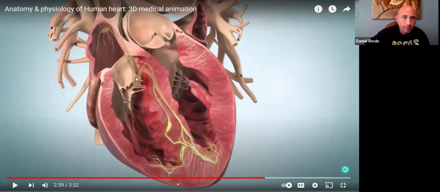And that is the job of the node that is positioned between the right atrium and the right ventricle, because it's right embedded between the right atrium and the right ventricle. It's called the atrioventricular node. Its job is to delay the impulse to allow the two atria to finish their contraction.